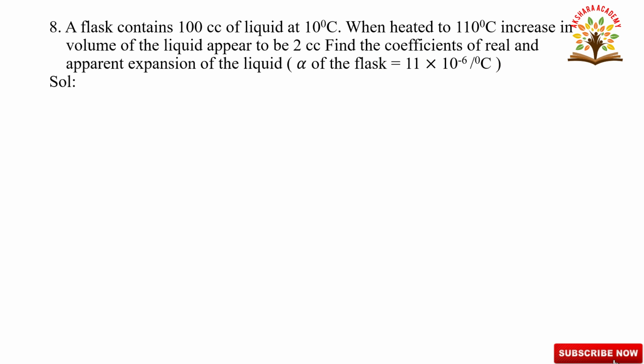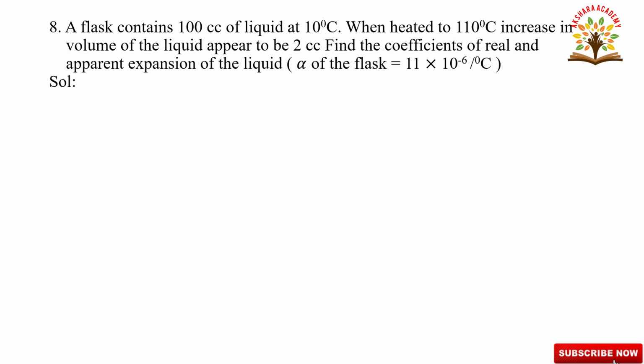A flask contains 100 cc of liquid at 10 degrees centigrade. When heated to 110 degrees centigrade, the increase in volume of the liquid appeared to be 2 cubic centimeters. Find the coefficient of real and apparent expansion of the liquid. Given alpha is equal to 11 into 10 to the power of minus 6 per degree centigrade.